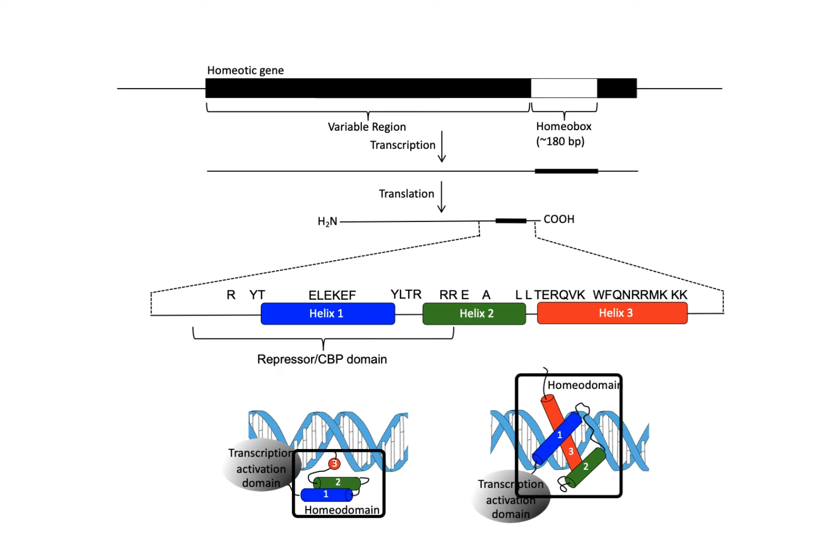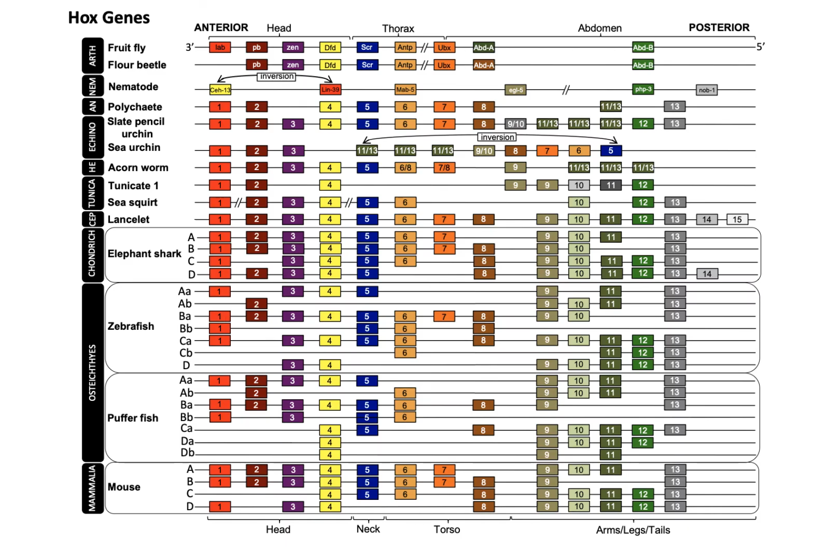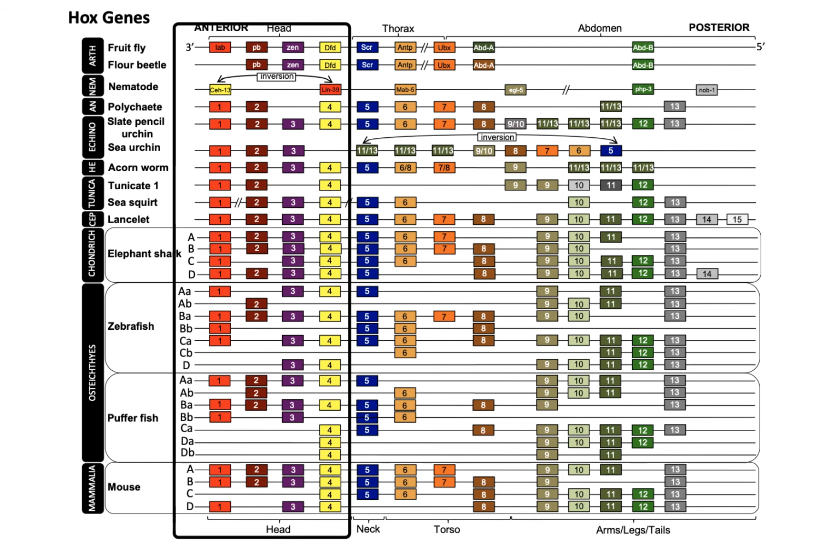Hox genes in animals are well conserved, and they're not only conserved in sequence, but they're conserved in the same order along the chromosomes. So they actually turn on in that way. Number 1 is turned on, number 2 is turned on, number 3 is turned on in the head region of the organism.